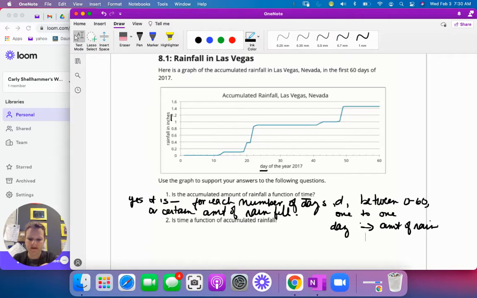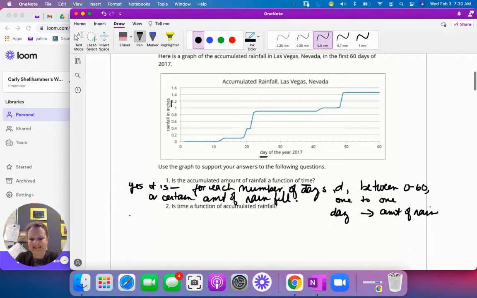All right. Now, is time a function of rainfall? No, it doesn't work that way. No, it's not. Okay. If we look at that, there was no rainfall for the first 10 days.